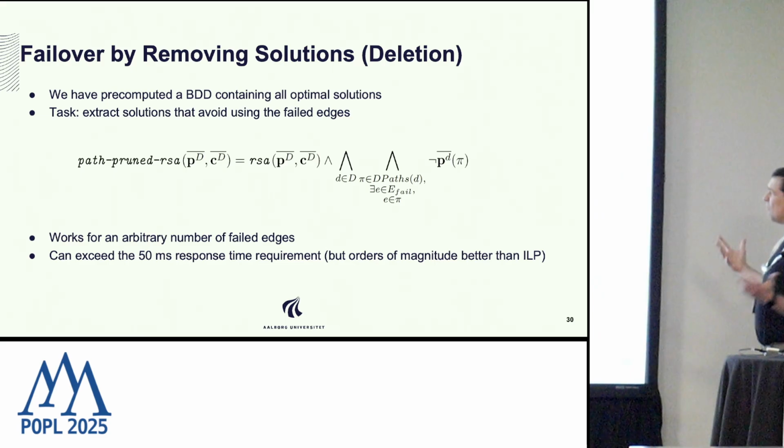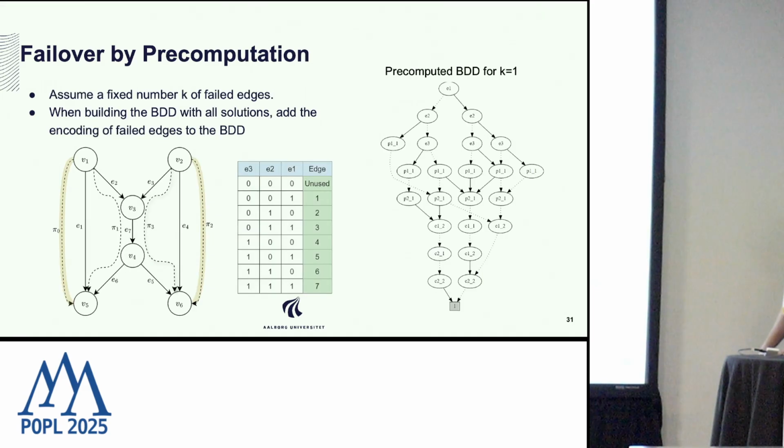It's a relatively fast operation, and then I get the pruned BDD with all the solutions that avoid the failing edge or failing edges. The slight problem is it's not completely fast. It can, in some cases, exceed this 50 milliseconds, but it's definitely orders of magnitude faster than the ILP. I will show you some plots soon.